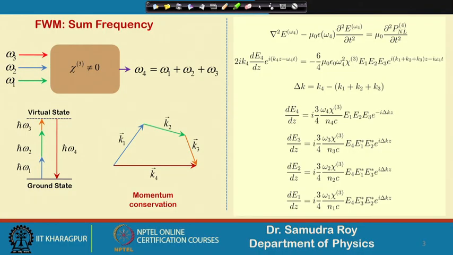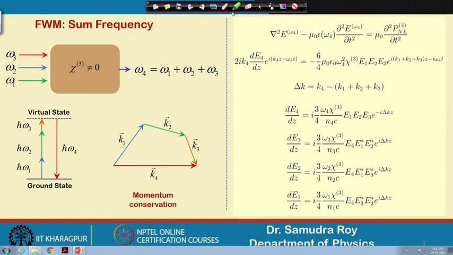In four-wave mixing there are different categories, because the number of generated frequencies is large. This is a typical example of some frequency generation. I am launching three fields with frequencies omega 1, omega 2 and omega 3, as shown here.